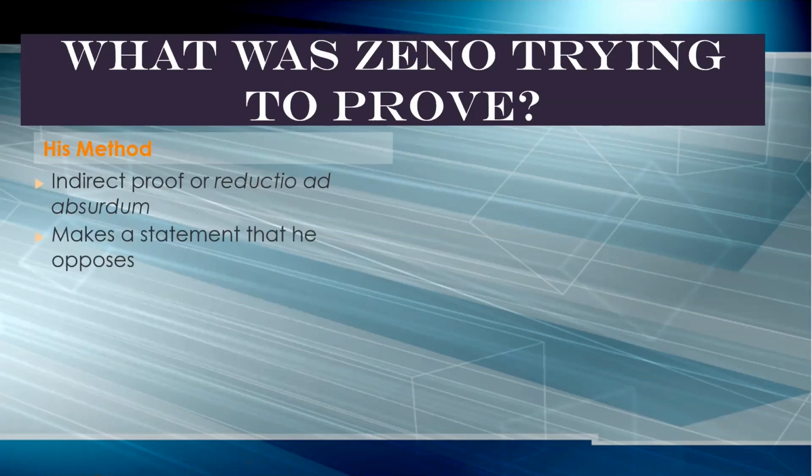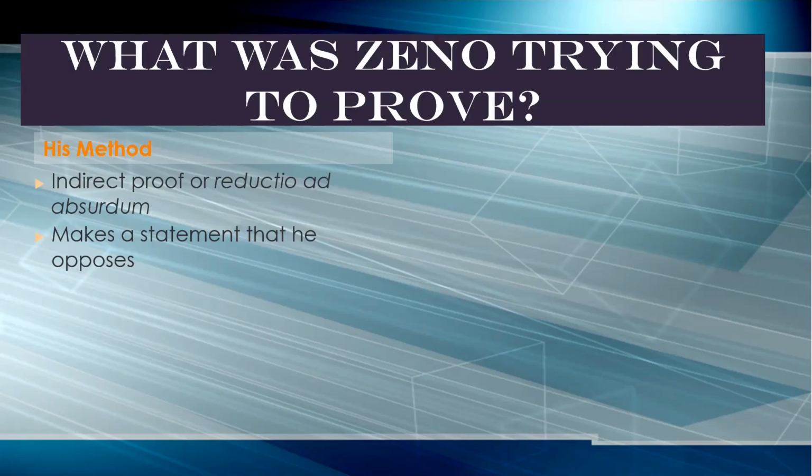So the steps to Zeno's paradoxes are, first, he makes a statement which he opposes. I have to say that he opposes the statement because Zeno doesn't actually believe the world works the way he's arguing. This will make more sense when you see the actual paradoxes, but that's because the original statement seems illogical. It seems untrue.